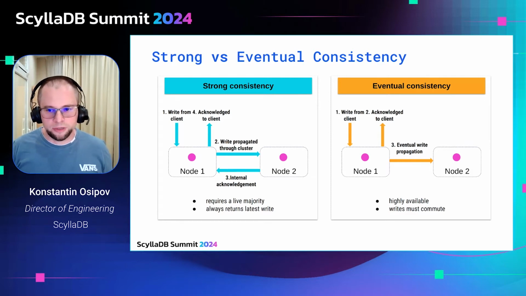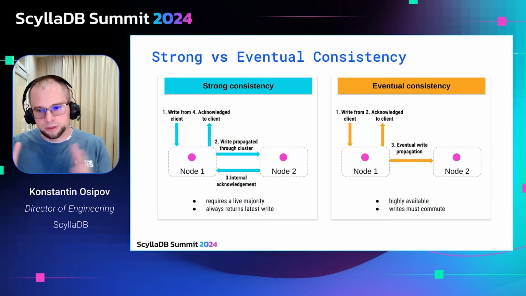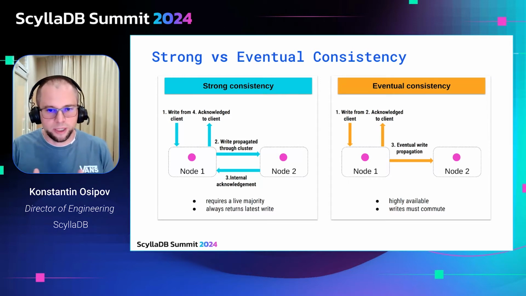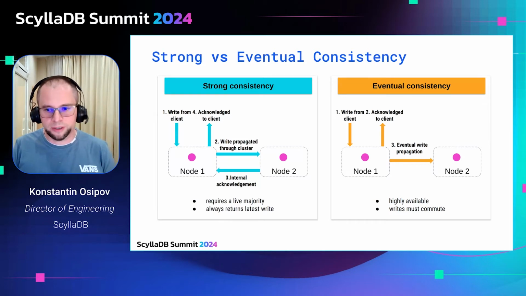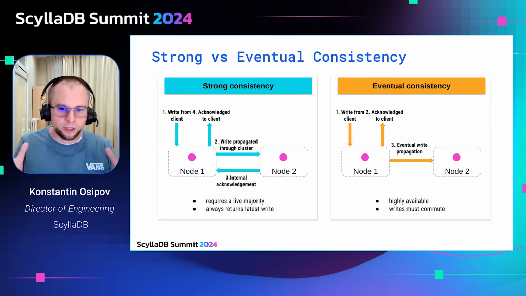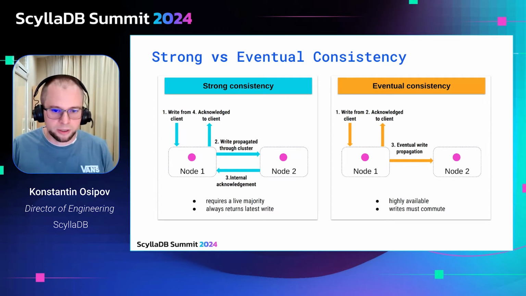As you can see from this illustration, there is a difference in how eventually and strongly consistent systems interact internally. Eventually consistent systems are allowed to return a positive response to the client before propagating the data to the rest of the cluster. Strongly consistent systems need to reconcile the data within the cluster, and only then can they respond to the client.